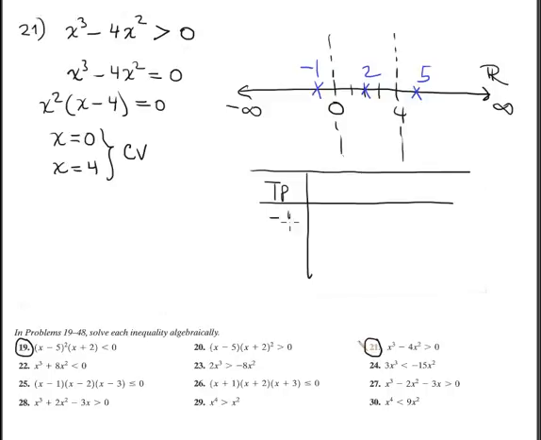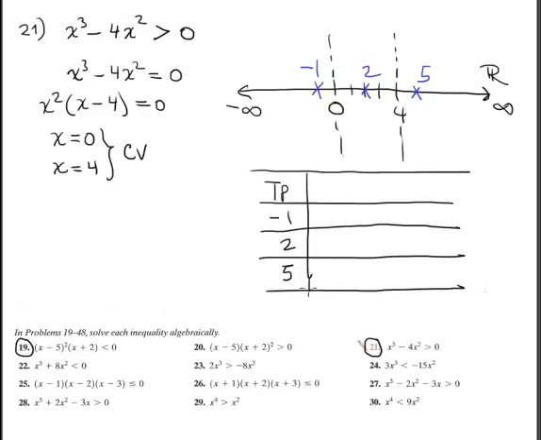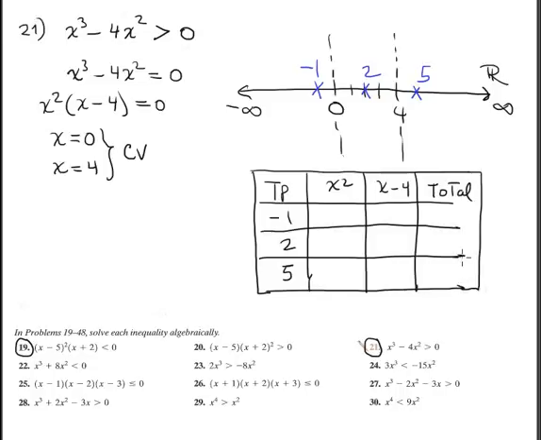Testing point is -1, 2, and 5. And the factors associated in our problem are x squared and x minus 4. And total signs. I completed the chart.